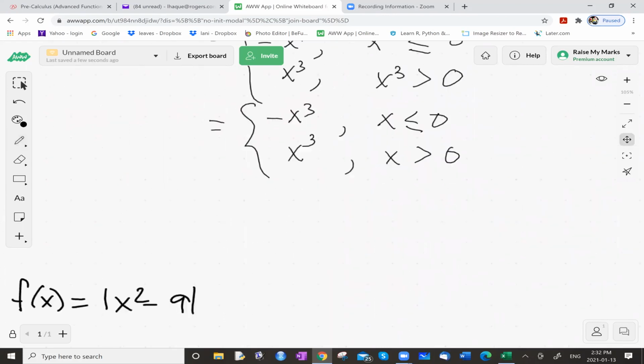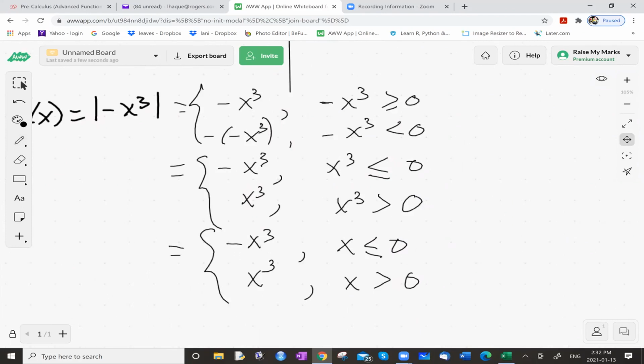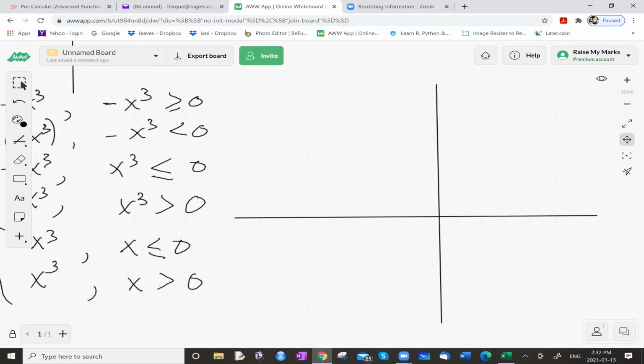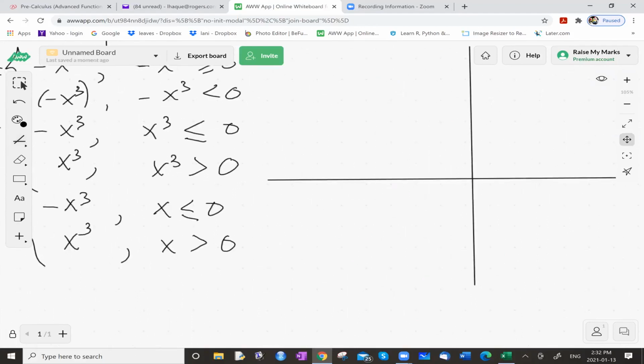So now let's see if we have some room to graph this. So let's scroll over to the right and let's draw our axes, y and x. All right, and we're going to graph our function. Okay, so when x is less than 0, we get negative x cubed.